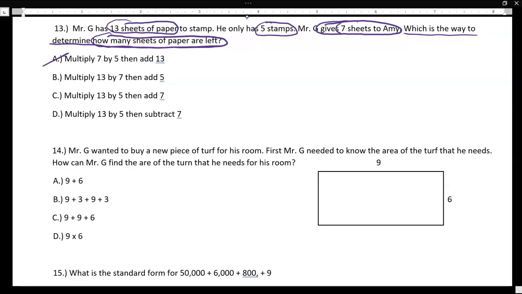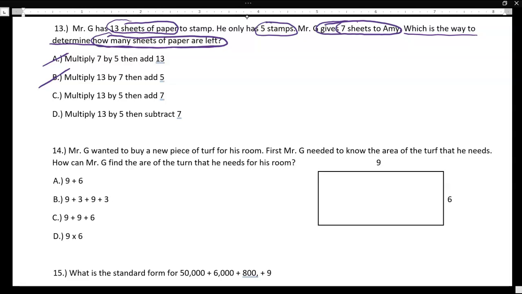Okay, A's out. B, 13 by 7. No. Why not? Because it says add. We're not adding. Okay. What about C, 13 by 5? No, because it says add. Okay, but right now we're just looking at the multiply.